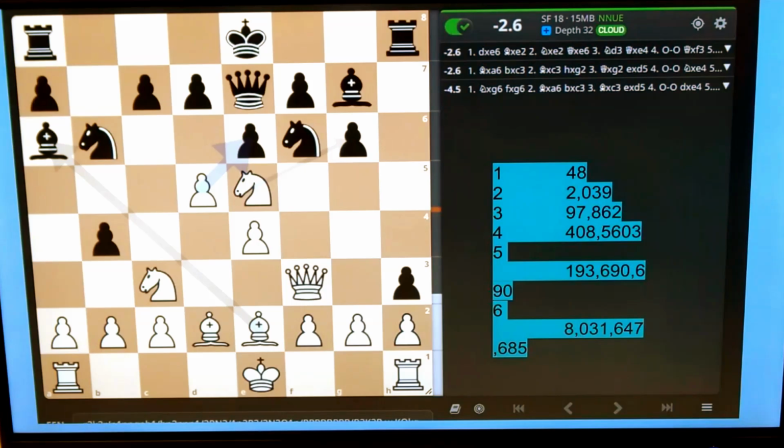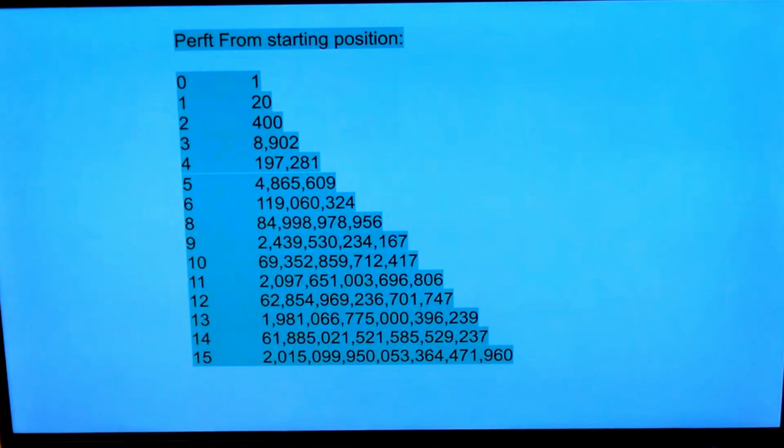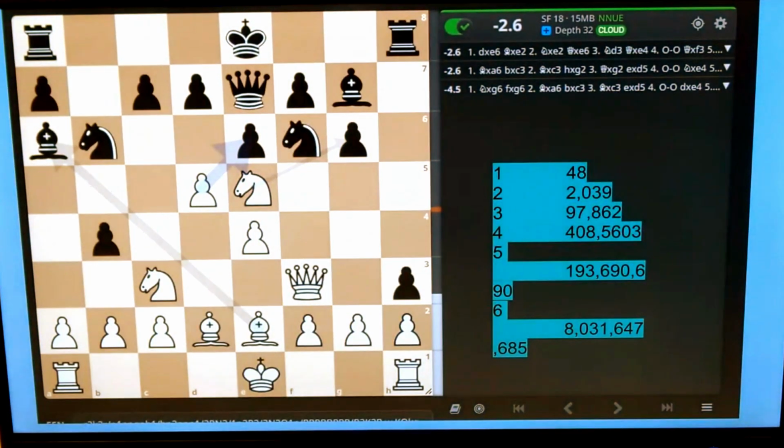But yeah, an old-fashioned computer looking at that would just look at everything. Moving rook h1 to g1 is complete nonsense, and a1 to b1 too, but an old-fashioned computer is going to look at that just the same as everything else.